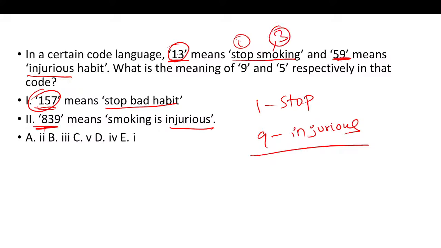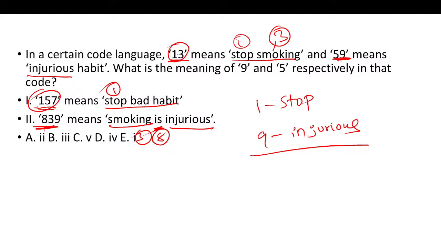Smoking means 3 here. Smoking means what? 3 here. So smoking is nothing but 3, and ease is nothing but 8. Ease is nothing but what? 8. Stop is nothing but 1.